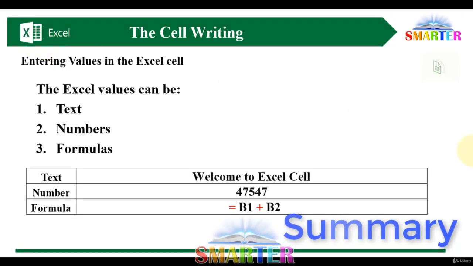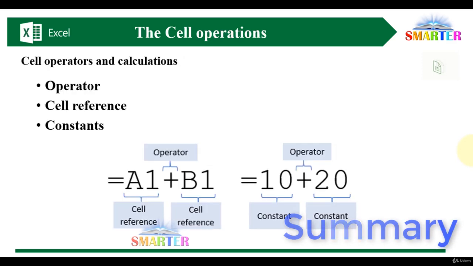Let's revise this lecture. We have discussed how to enter a value into Excel, and this value can be text, number, or formula. And we have discussed the key difference between cell reference and constant. And we have also discussed operators.